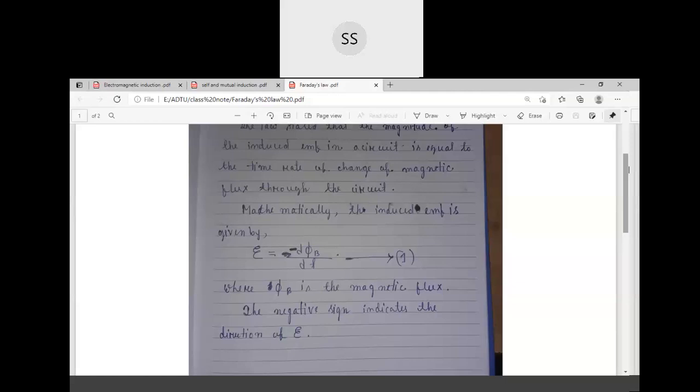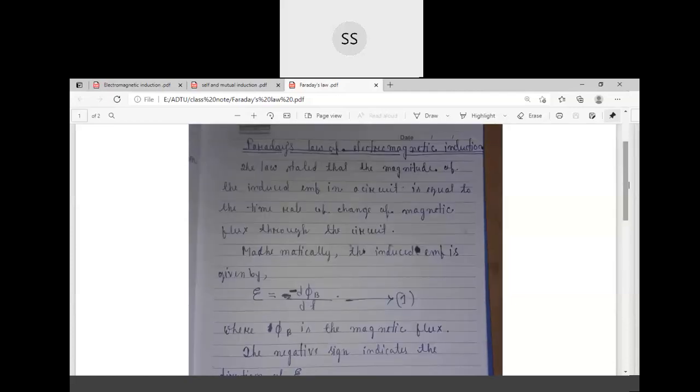So when we move a magnetic flux near an electrical conductor, it produces an induced EMF. That induced EMF is equal to the rate of change of magnetic flux with time. Okay, so this is the mathematical equation which describes this law.